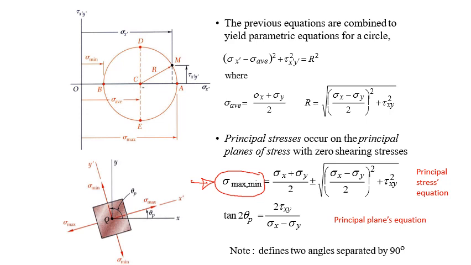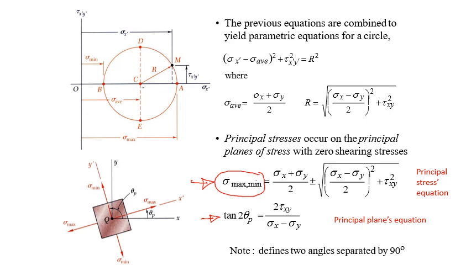And this equation here, tangent 2 theta p, will give you the direction of the principal plane. So it's called the principal planes equation. It gives you two values of angles to give you the direction of P1 and P2.